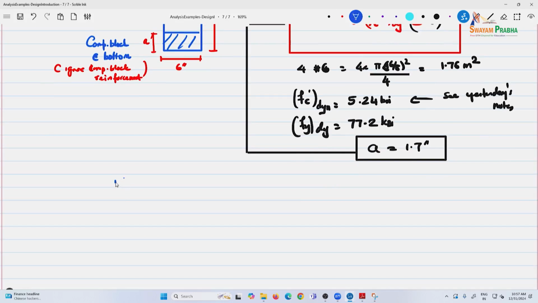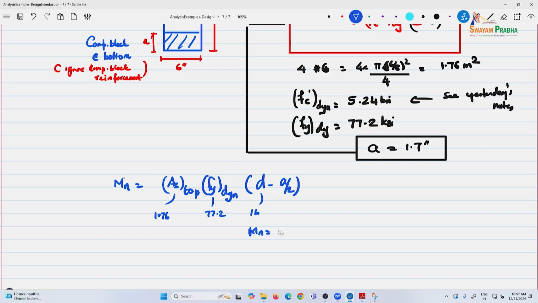The moment resistance is again As top Fy dynamic multiplied by d minus a by 2, and we know all these numbers: 1.76, 77.2, 16, and a is there.